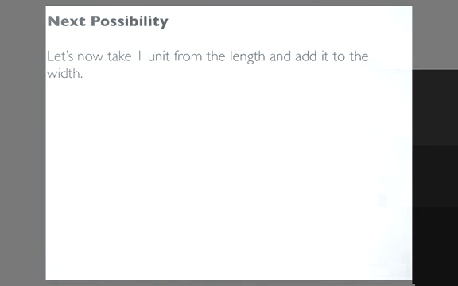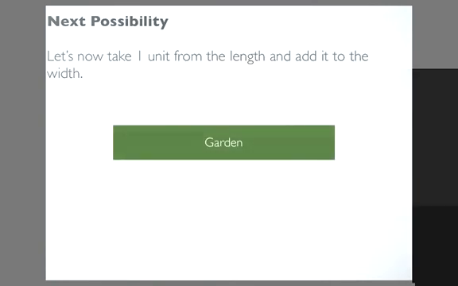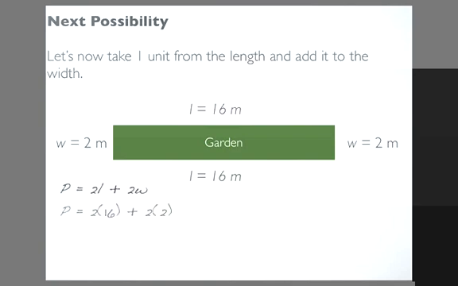Let's look at the next possibility. Let's take 1 unit from the length and add it to the width. So we have a slightly thicker garden with a length of 16 meters, 1 less than the previous, and a width that is slightly bigger by 1, 2 meters. Our perimeter, when we carry out our calculations, again, will be 36 meters.